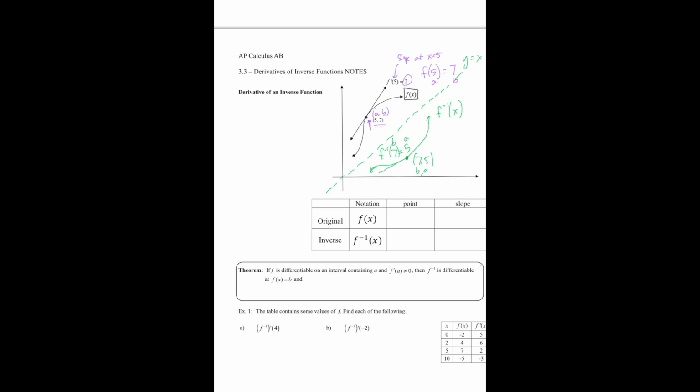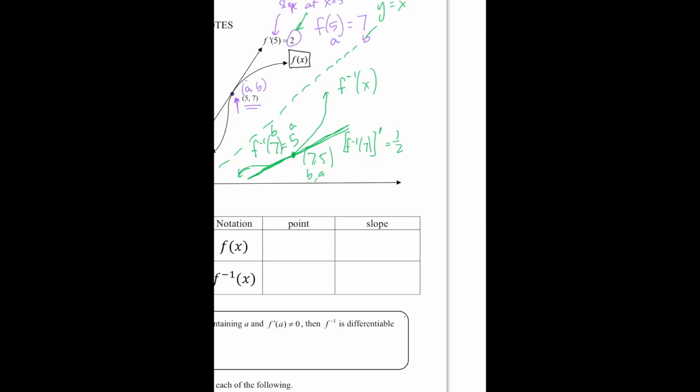The slope of this line is 1/2. The slope on this side was 2, but the slope of this line is 1/2. But let me make sure that I have some notation here for you. So the derivative of the inverse at 7 would equal 1/2.